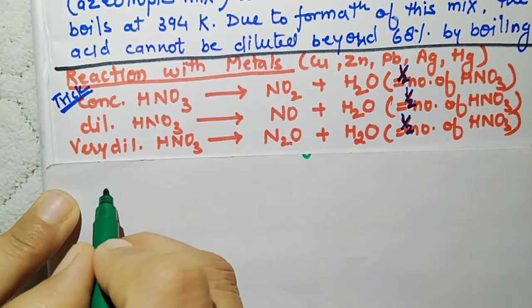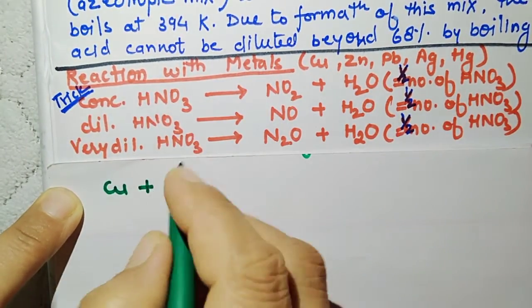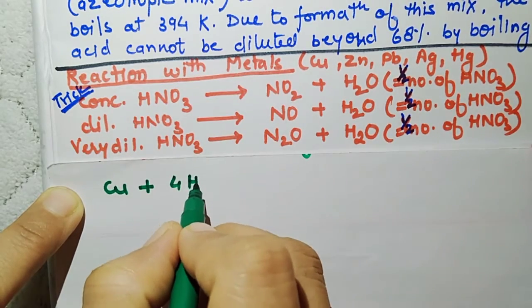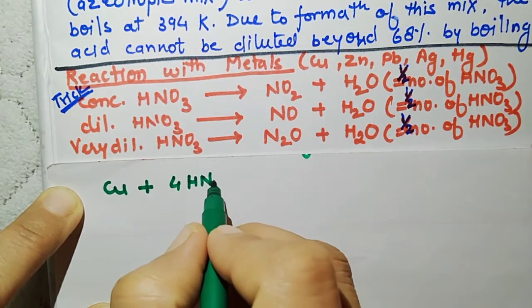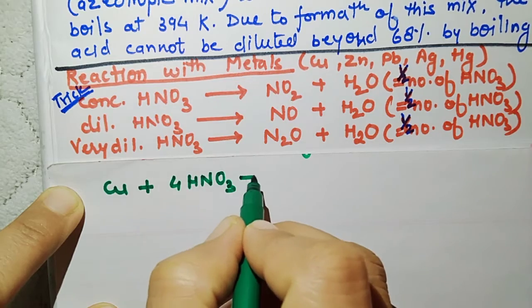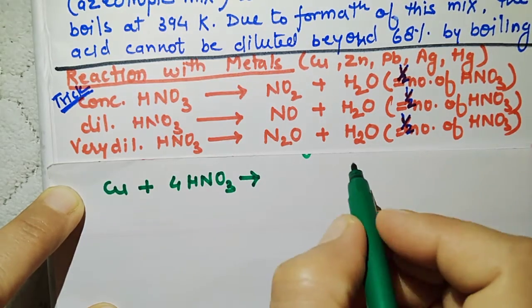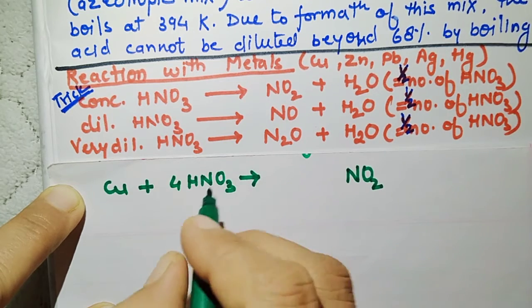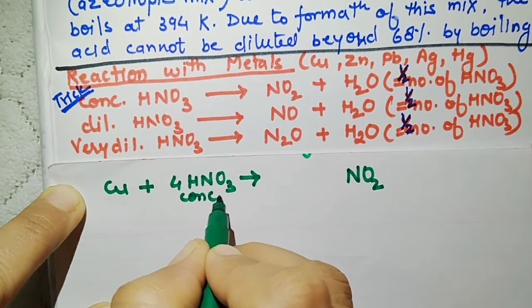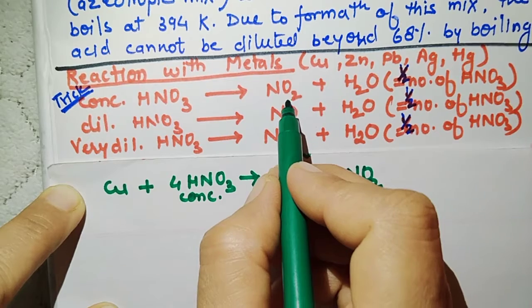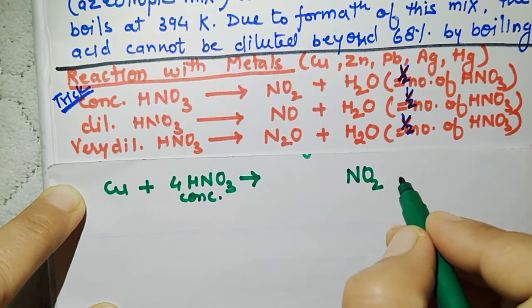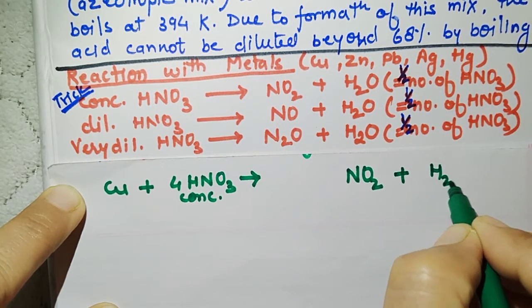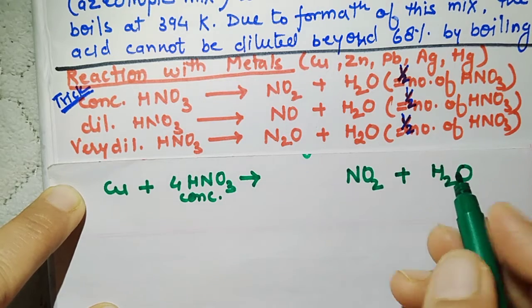Now suppose we have taken here copper plus 4 HNO3, it gives us, हम सबसे पहले क्या निकालेंगे? NO2, because it is concentrated form. First of all we will remove NO2 plus H2O. कितना H2O निकालेंगे?